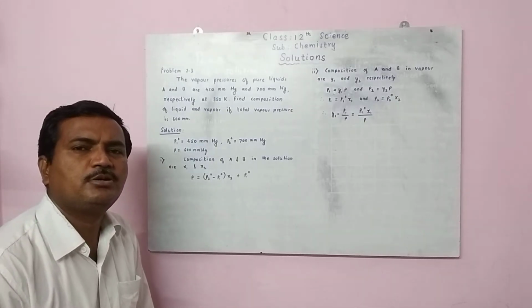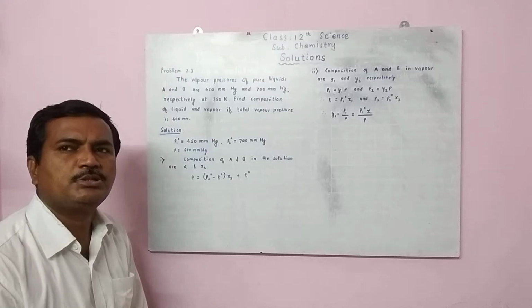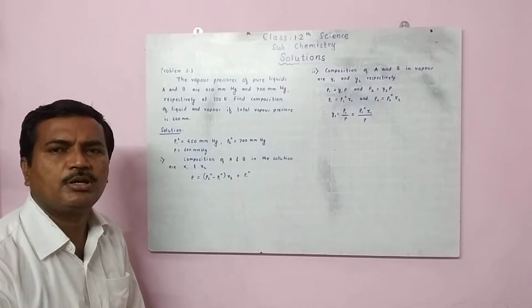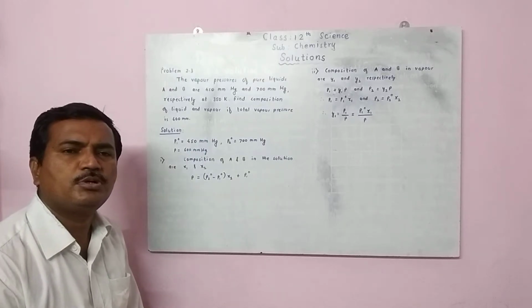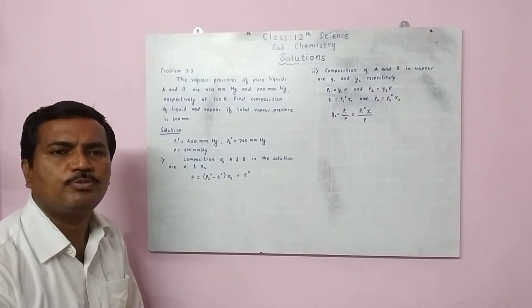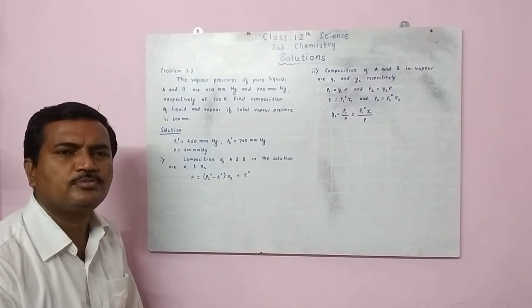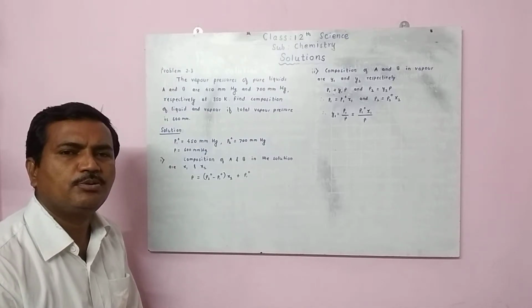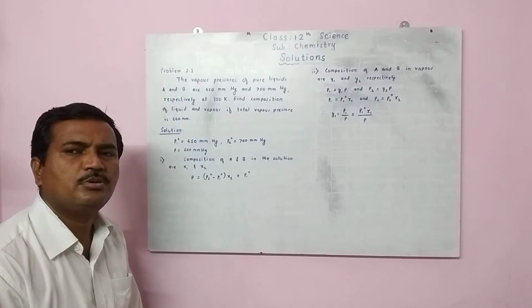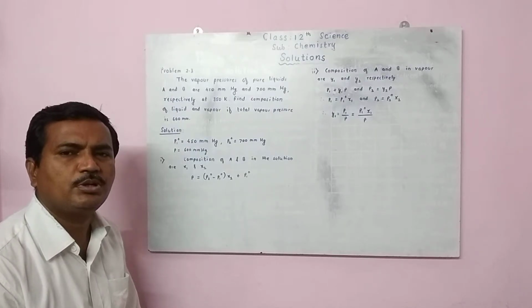In the last period, we have seen Raoult's law. The partial vapor pressure of any volatile component of a solution is equal to the vapor pressure of the pure component multiplied by its mole fraction in the solution. That was P equal to P1 plus P2. Therefore, P1⁰ into x1 plus P2⁰ into x2.